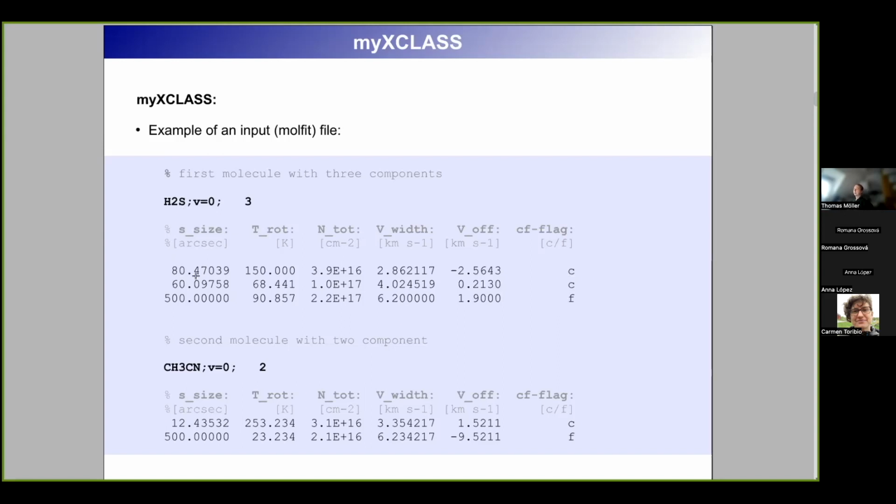So the first component with 150 Kelvin, the second component with 68, and so on. You can use as many components as you like. You can describe as many molecules as you like. I have to mention that there is a problem with our interface to the database, because as you can see here, you have to define the name of the molecule to select a certain molecule.